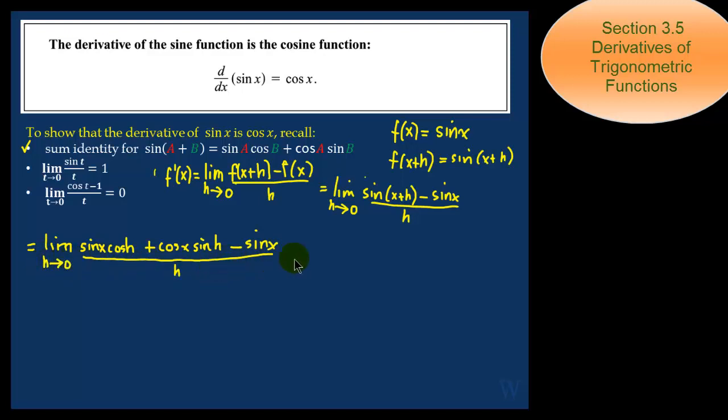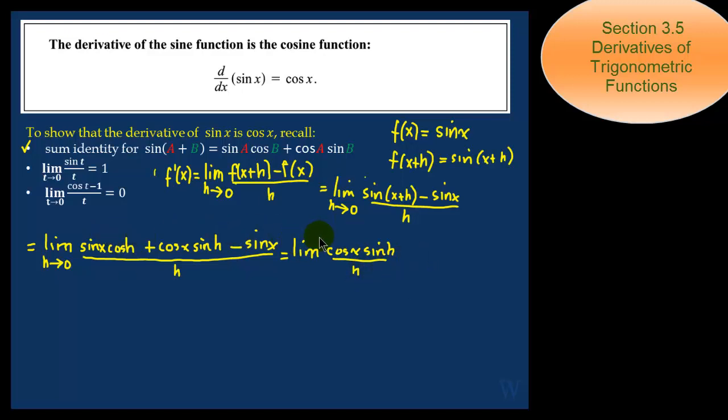What we will do now is to rewrite again and regroup a few things. First of all, I will take this middle term and put it in the front, and then combine these two terms and put it on the right. So I'll have the cosine of x times the sine of h, whole thing divided by h.